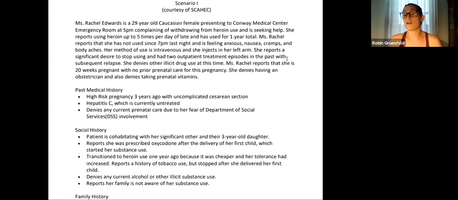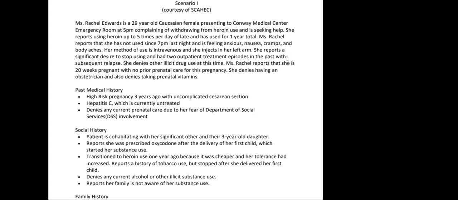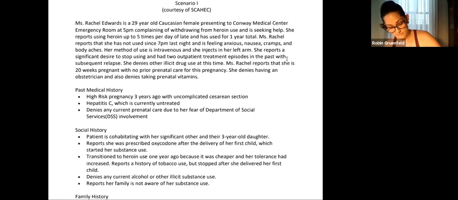Do we just let her detox on her own in an ER, or do we put her on medication-assisted treatment? Be on medication-assisted treatment, or else there's risk of, what's it called? Miscarriage. Yeah. So we need medication-assisted treatment. Do all obstetricians know how to treat a patient that needs medication-assisted treatment?